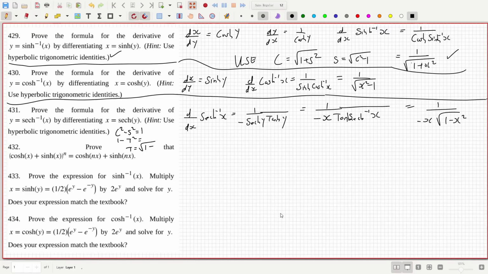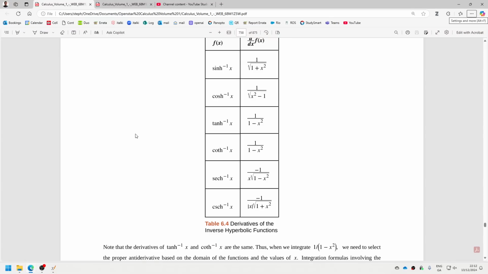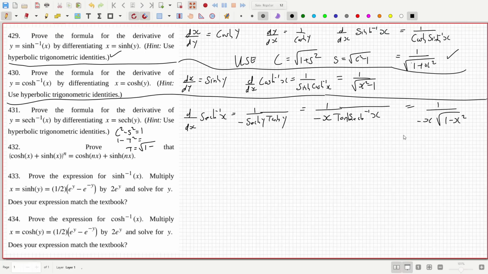Minus 1, yeah, x root 1 minus x squared. Ah, made a sign mistake. No, it's right. But there's a minus. Yeah, no, that's right. But it has to be the absolute value of x. Okay. Right.